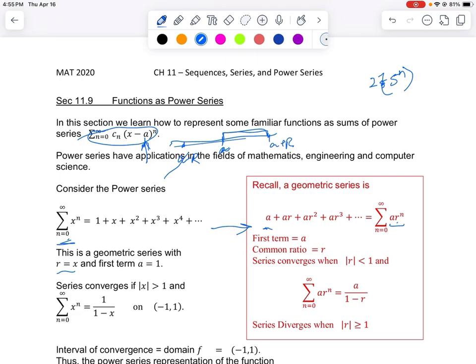When it converges, the series becomes equal to a over 1 minus r. How we get that is beyond the scope of the book, so we will just know it. Of course, if the absolute value of r is greater than or equal to 1, then the series diverges.